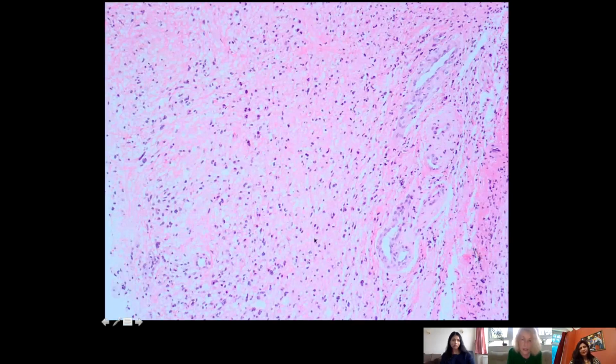And here we start seeing another important feature, which is proliferated blood vessels. Remember that microvascular proliferation doesn't mean only that there is an increased density in blood vessels. We have to see endothelial proliferation, so multilayer endothelium, in order to call it microvascular proliferation.